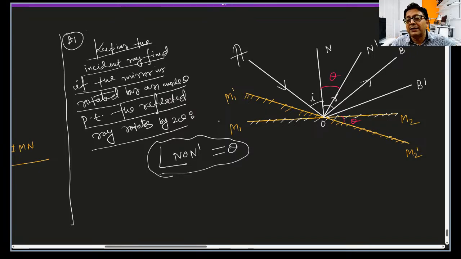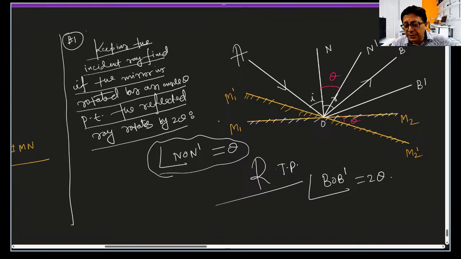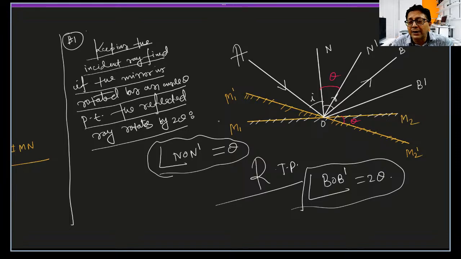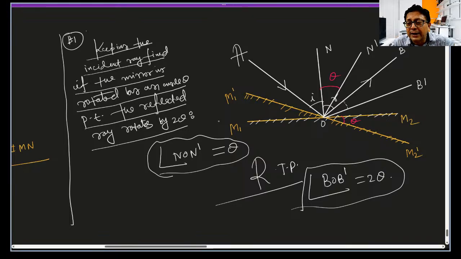OB dashed is the reflected ray, and we are required to prove that angle BOB dashed is equal to 2 theta. Clear? Required to prove: BOB dashed is 2 theta. You all try. I will explain then.